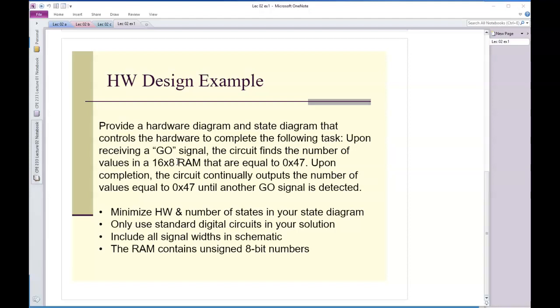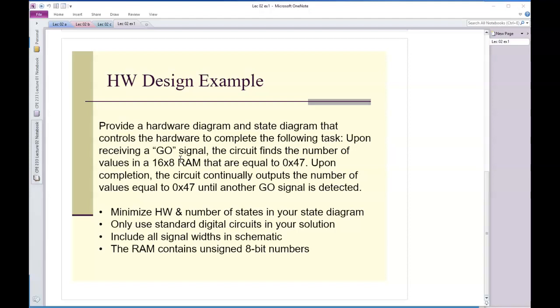What we know about RAMs is we have one way to address them: the output of a counter. This is a 16x8 RAM with 16 chunks of data in it. I need to drive the address with a 4-bit counter.